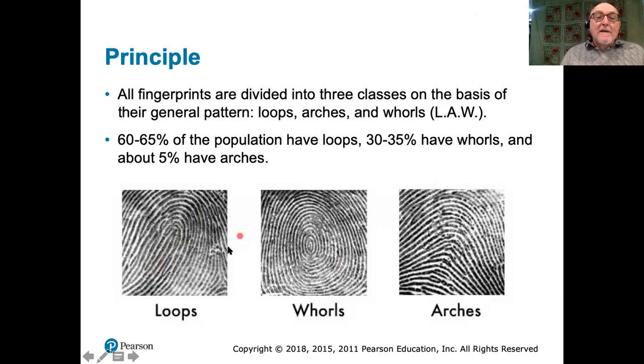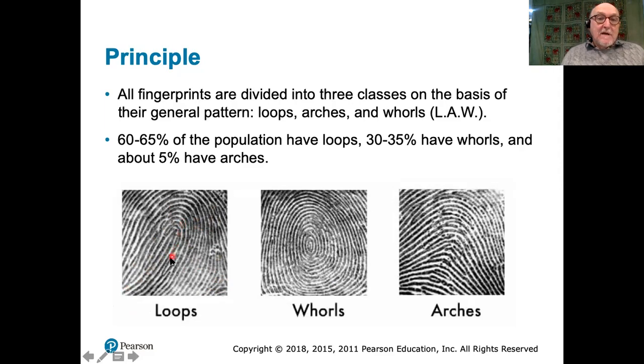It is framed by lines above and below. This is only part of the thing. And here you can see where the lines diverge, and that is the delta. This one is pointing in this direction. A loop may point in either direction. It may come into the fingertip this way, or it might come in this way.